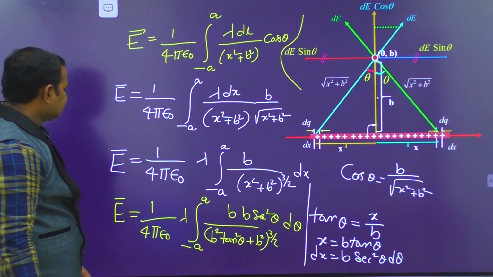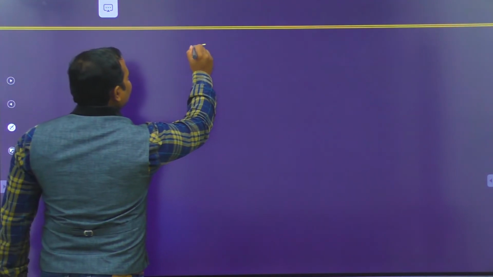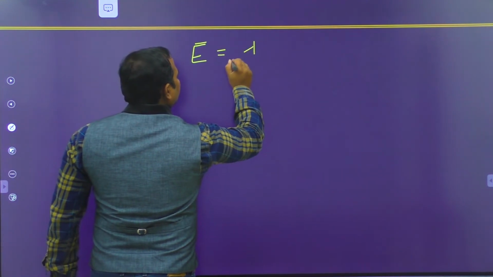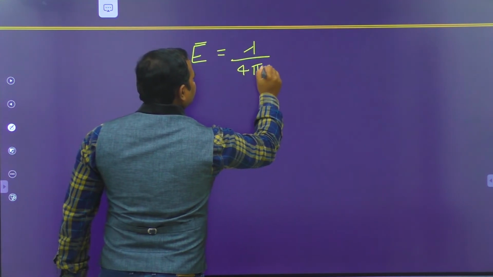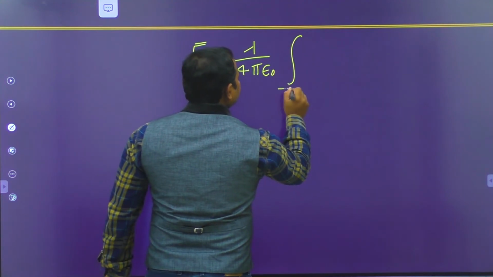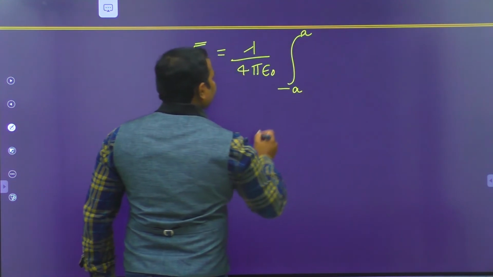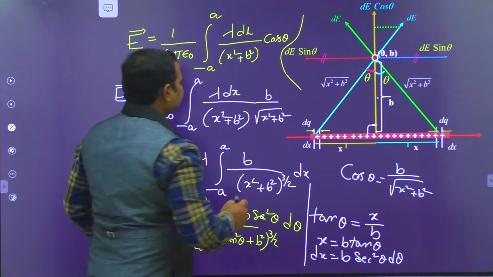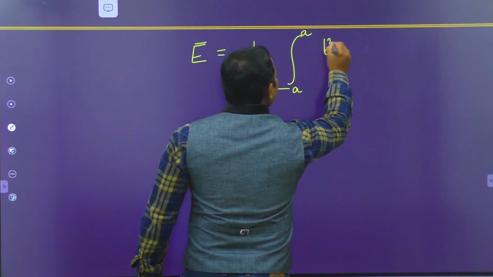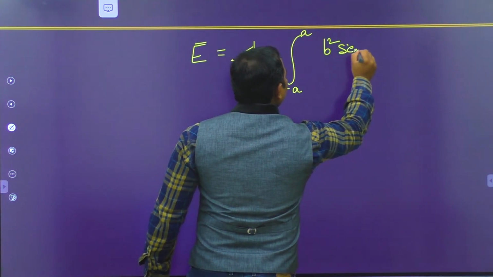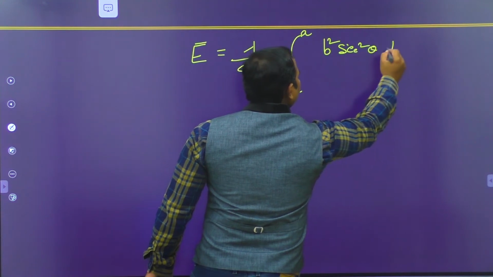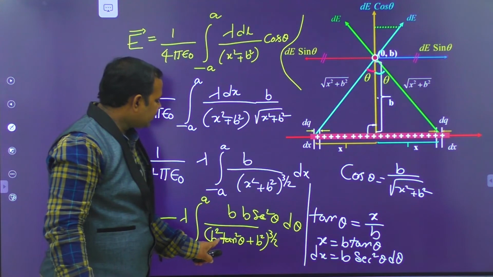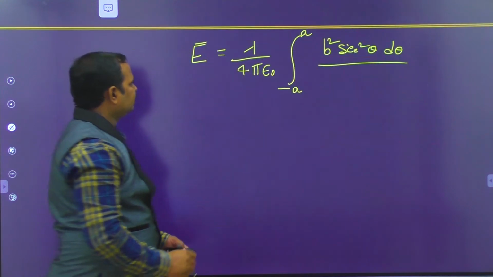Now let us simplify this. E = λ/(4πε₀) integration from minus a to plus a of b into b² sec²θ dθ over (b² tan²θ + b²)^(3/2).